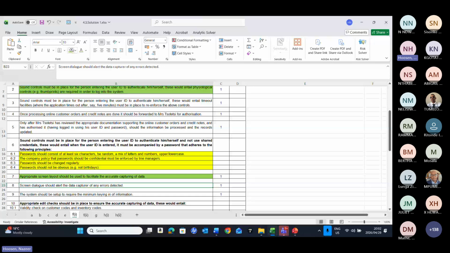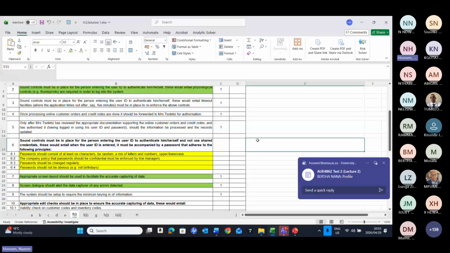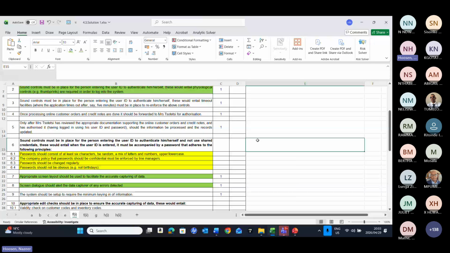The screen should pop up to you when you're creating a profile. Appropriate screen layout: you want to see the sign in front of you as you add items to your basket. Screen dialogue should alert the data capturer of errors detected. If you enter a name in your ID number field, it should create an error.